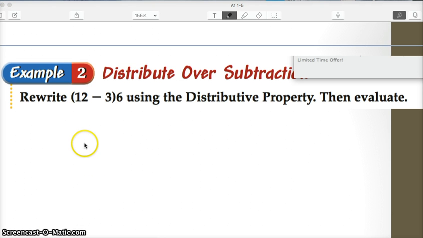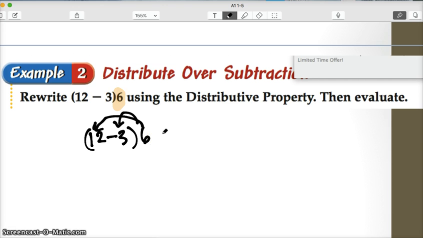So here in example 2, we're asked to distribute over subtraction. We rewrite this using the distributive property, then evaluate. Notice over here, our term outside of the parentheses is on the other side. It still means to multiply. So the distributive property can also be applied in this case, where 6 will be multiplied by each term.